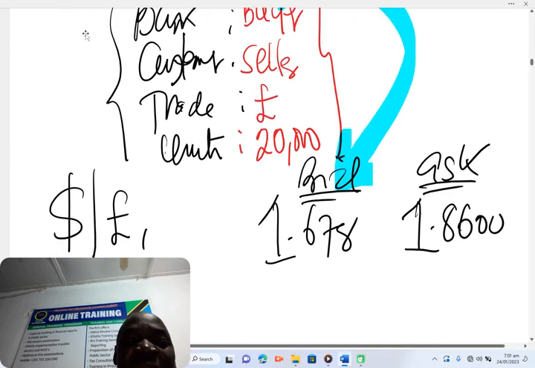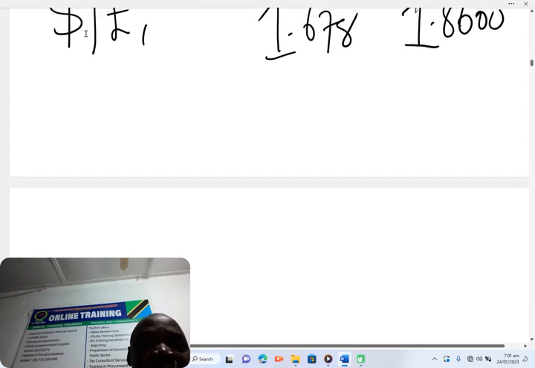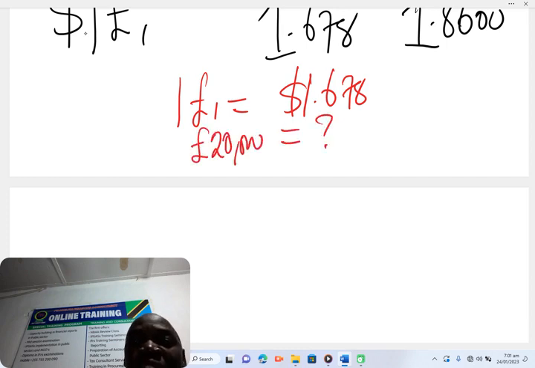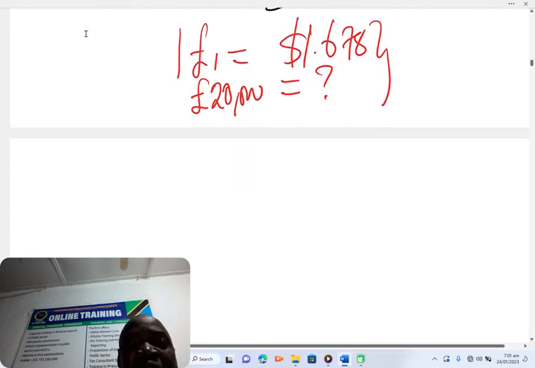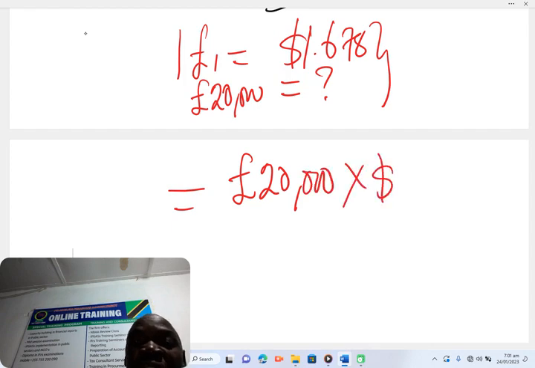That 1 pound corresponds to $1.678. Now we are having how many pounds? 20,000. Corresponding to how many dollars? So this transaction is easy to compute by cross multiplication.